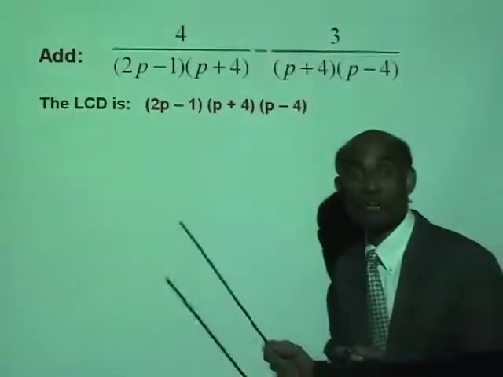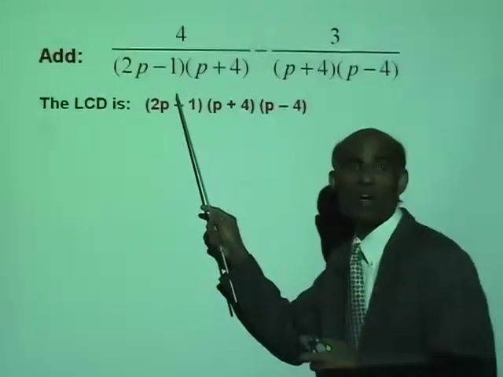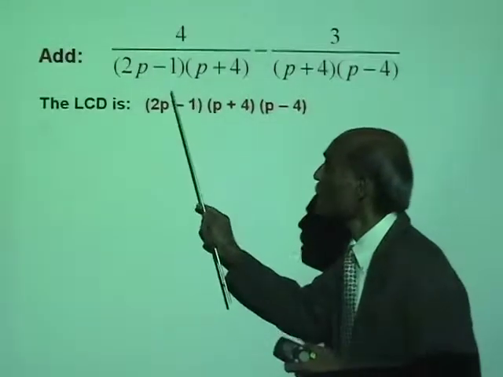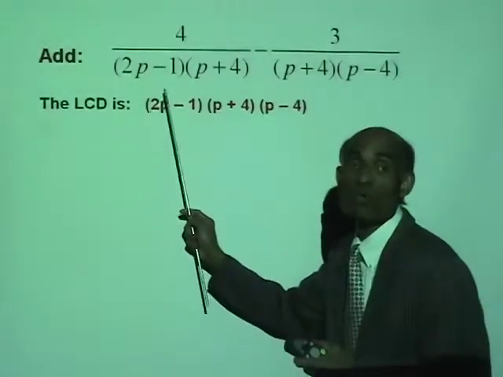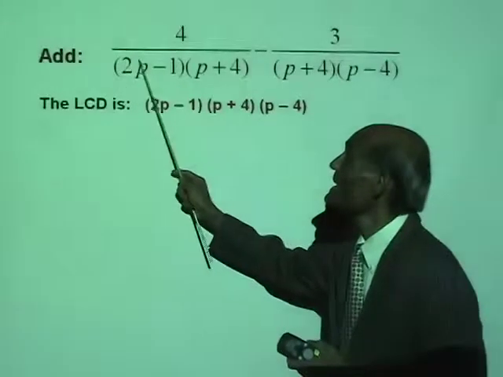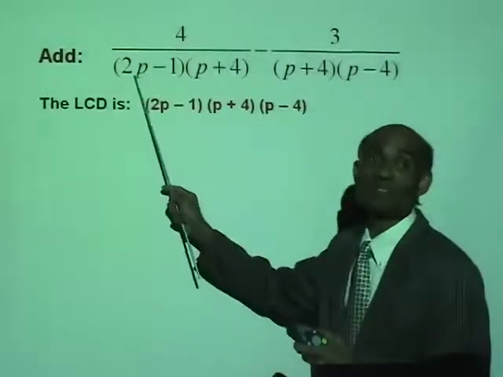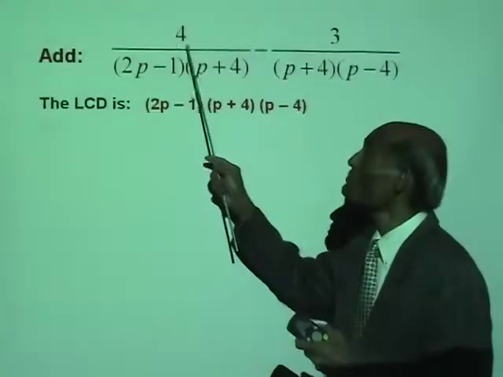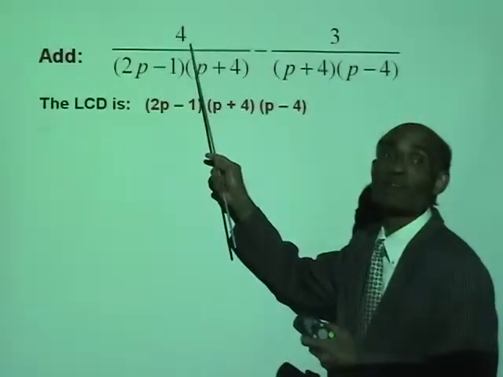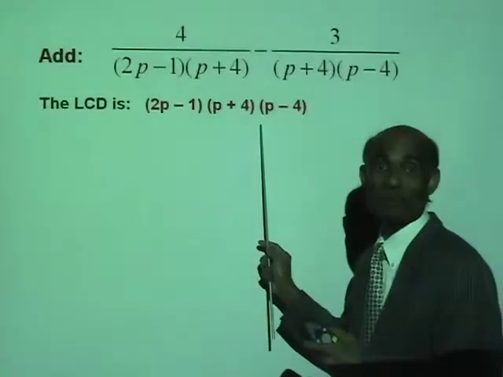Now before we proceed, we can make a little conversation here. Tell me, of the 3 factors of the LCD, which factor is missing in the first denominator? It is p minus 4. So what will this 4 get multiplied by? That p minus 4.